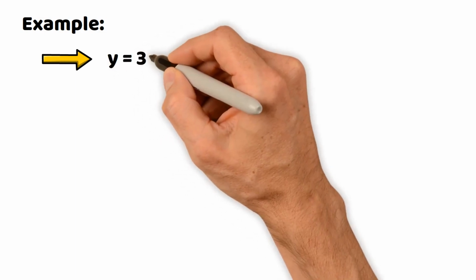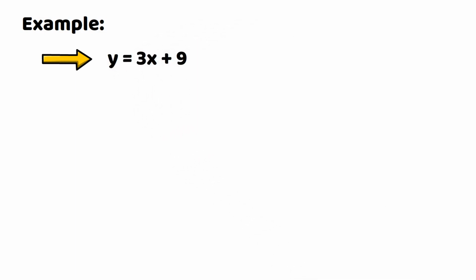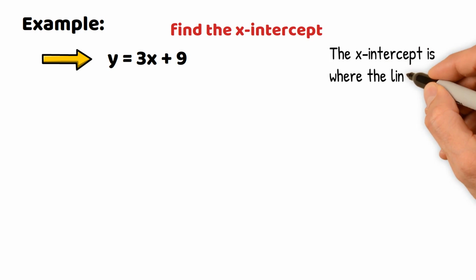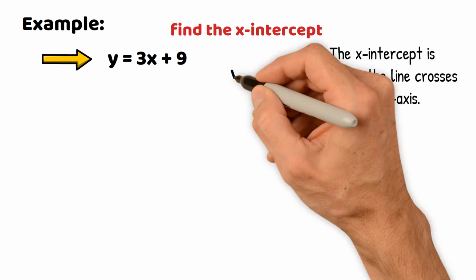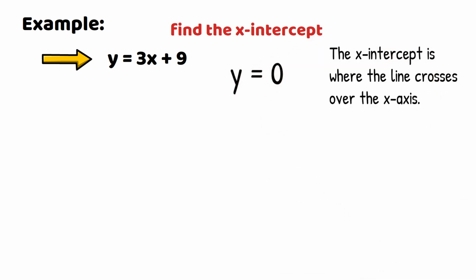Let's look at another example. Given the line y equals 3x plus 9, find the x-intercept, a concept we haven't discussed yet. The x-intercept is where the line crosses over the x-axis. Where the line hits the x-axis is the point where the y-coordinate is 0.